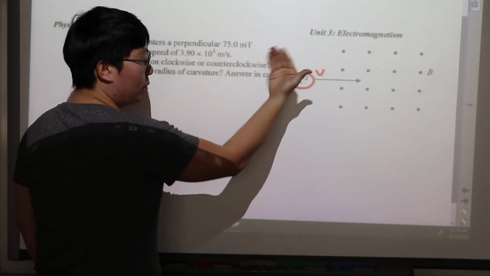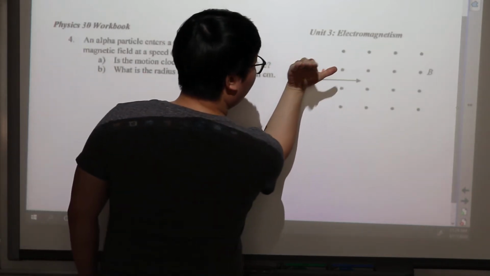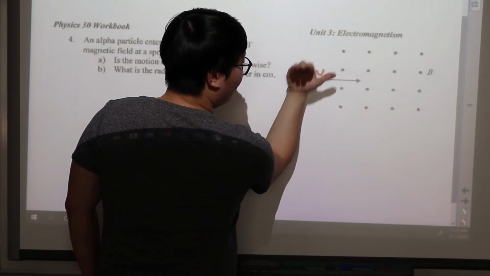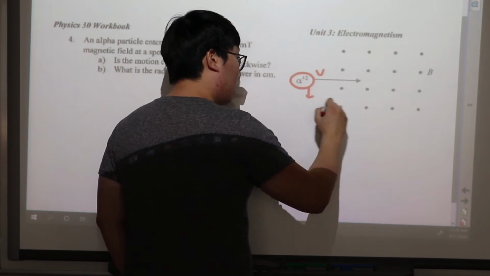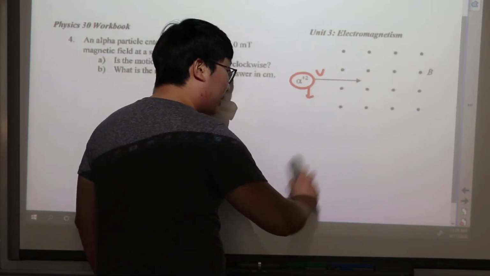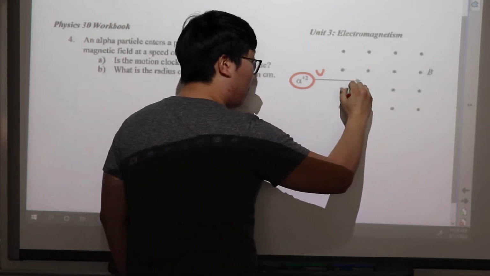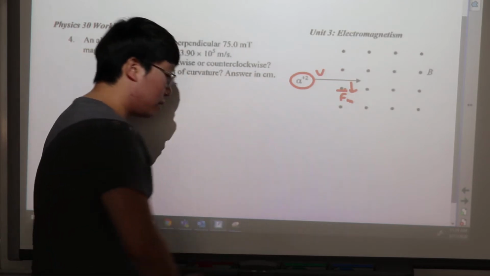Basically, is it going into the page or out of the page? Right now it's out of the page. So if I place my thumb and forefinger like that, my palm direction is pointing away, and my force direction is going down the page.